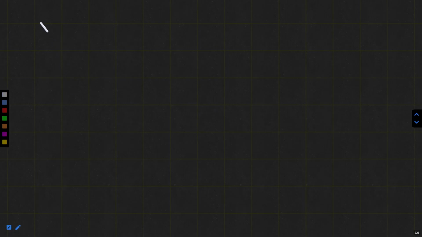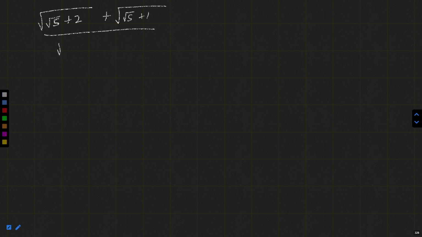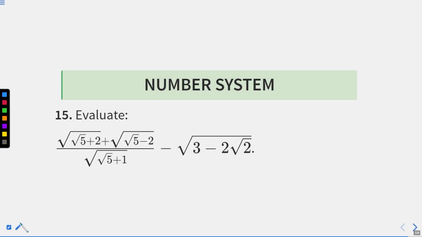Let me use the chalkboard. Please pay attention to each and every single step I'll do. So the question is like this: root 5 plus 1, I think.